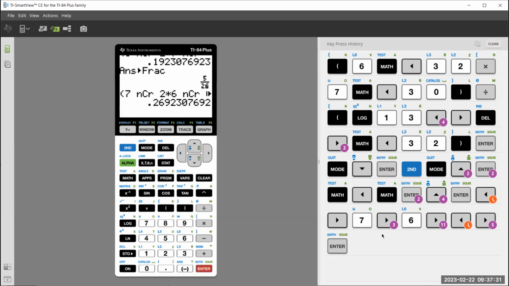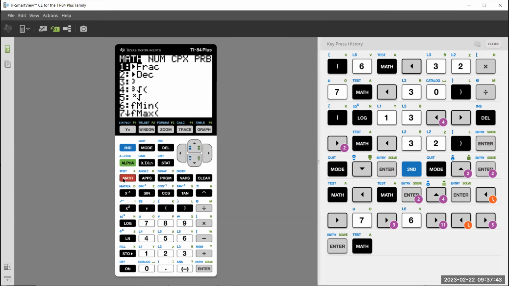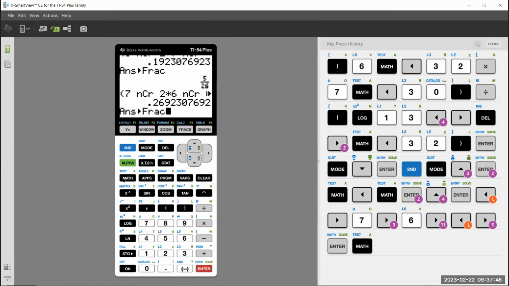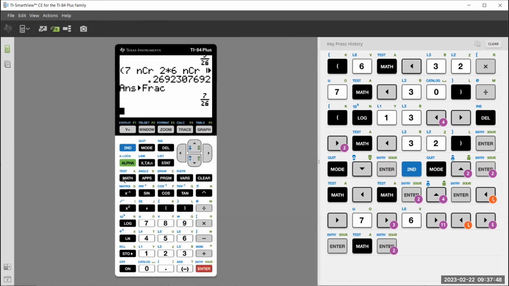So there's my decimal, 0.2692. Math, convert to frac. So you go math, convert to frac, 7 over 26. So a little bit more than the last one, okay?